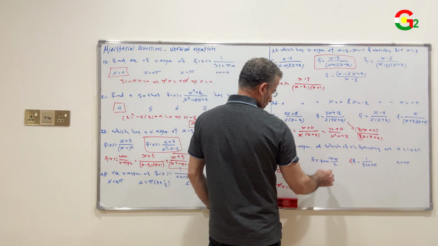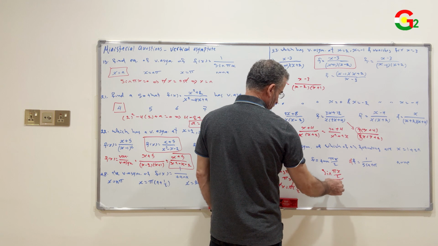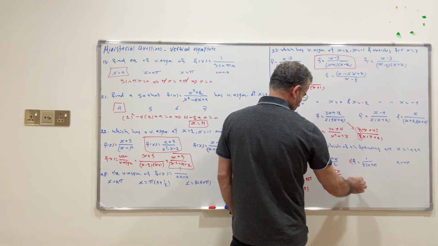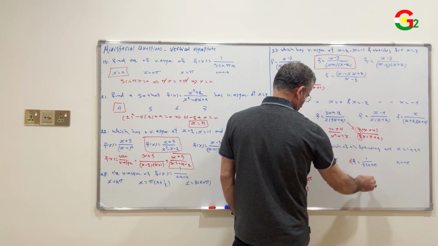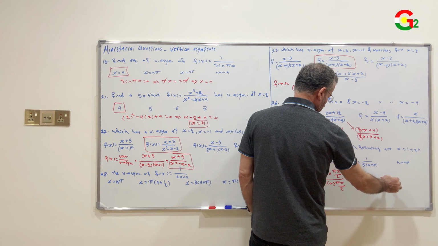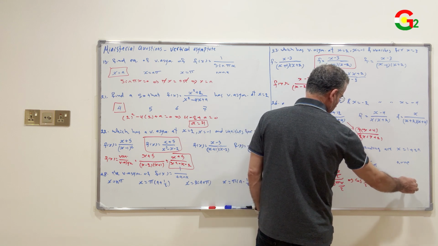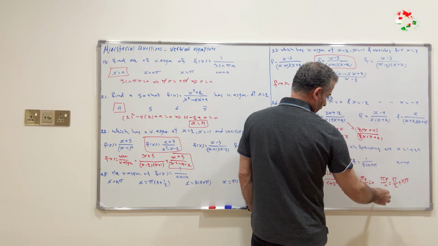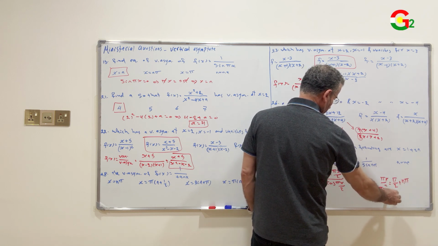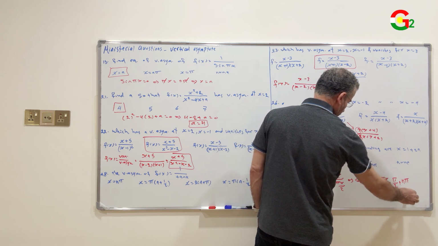Let me check this function, rewrite it as sine pi x over 2 over cosine pi x over 2. Set cosine pi x over 2 equals 0, then pi x over 2 equals pi over 2 plus n pi. Pi x over 2 equal, factorizing by pi, 1/2 plus n.